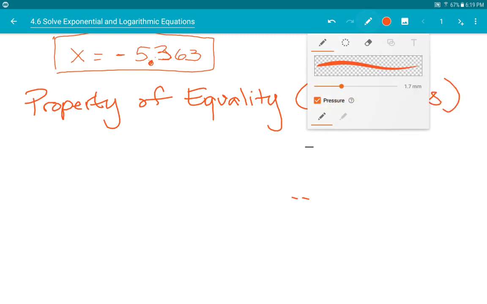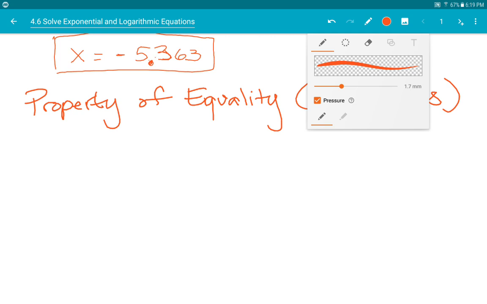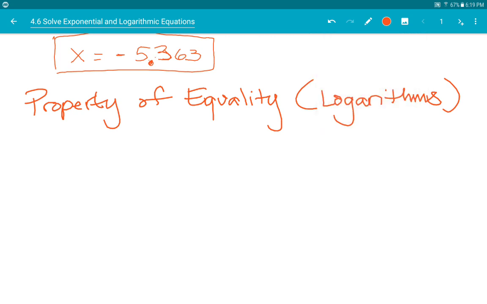Okay, so property of equality, same idea as with exponentials, we're now dealing with logarithms. The idea is, let's say you have a log of x with a base b, and that's equal to a log of y with a base b.